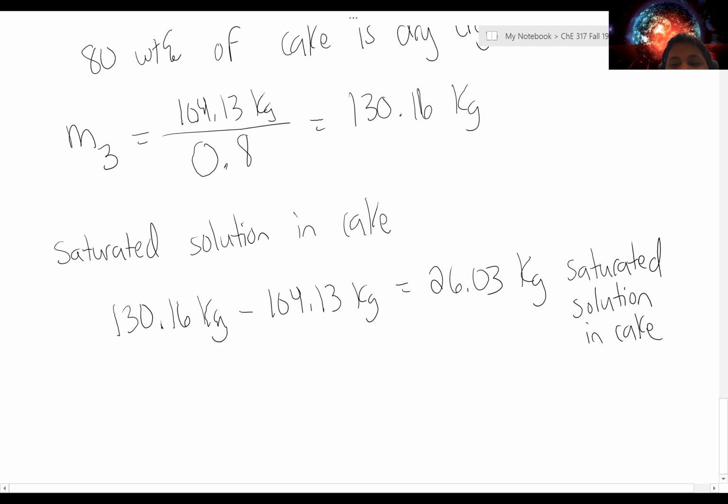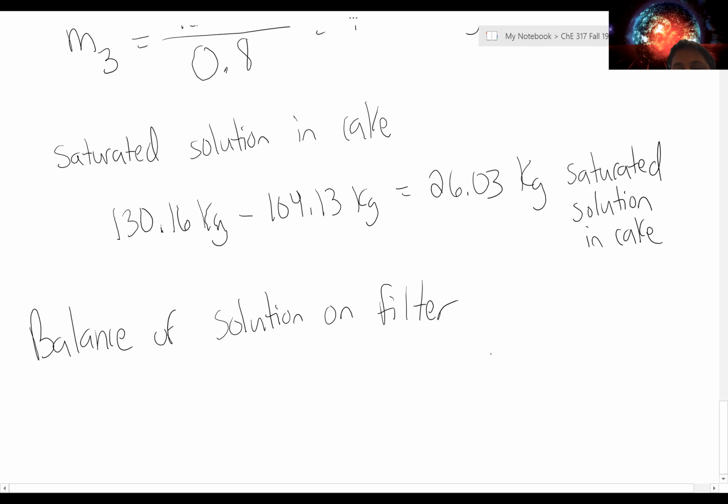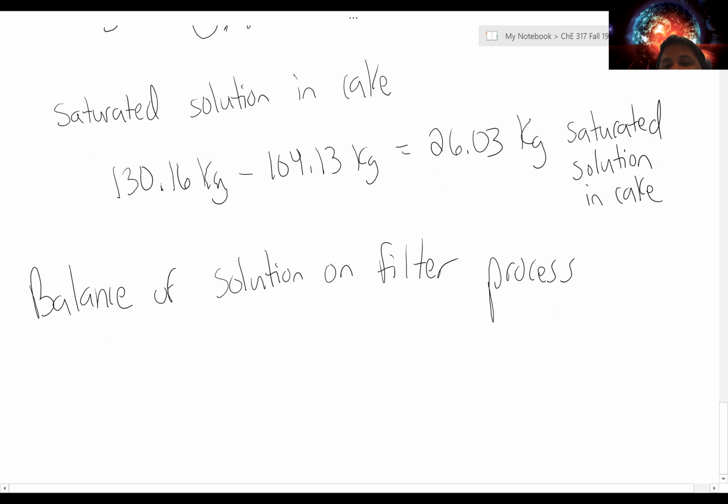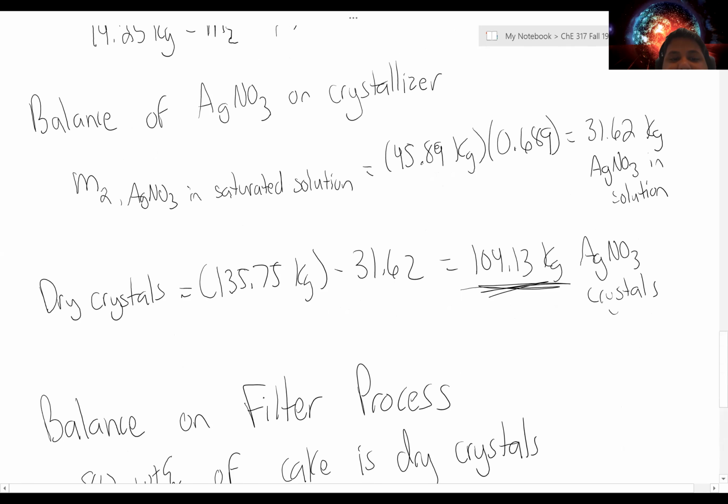So now I know how much saturated solution is in the cake. And so to find M4, I can look at a balance of solution on the filter process and say if 26 kilograms is stuck in the cake, the rest must have been successfully filtered.